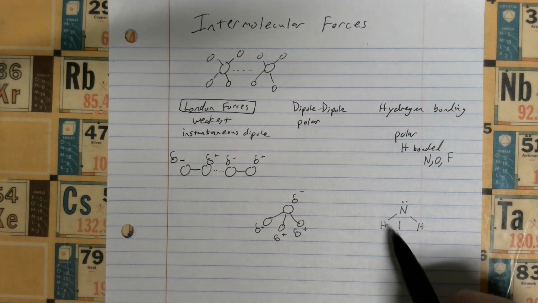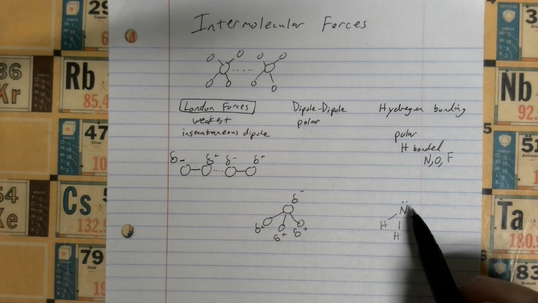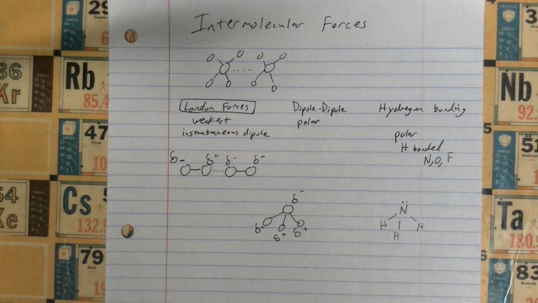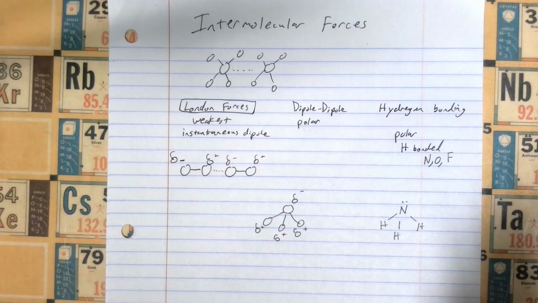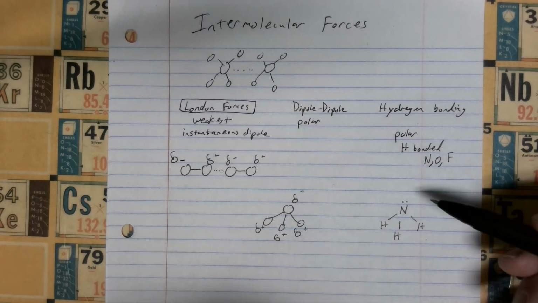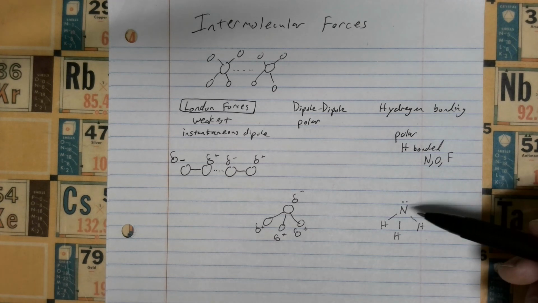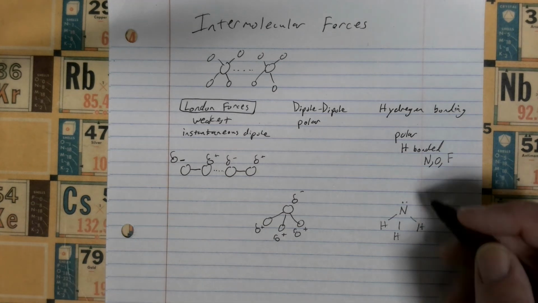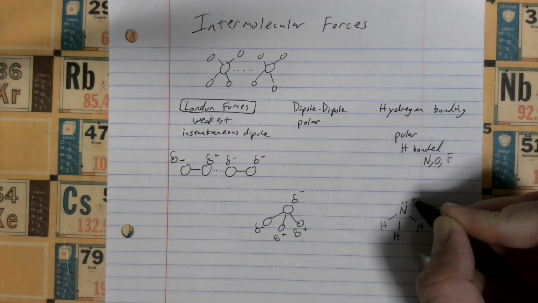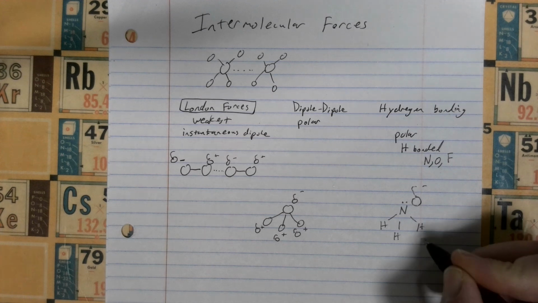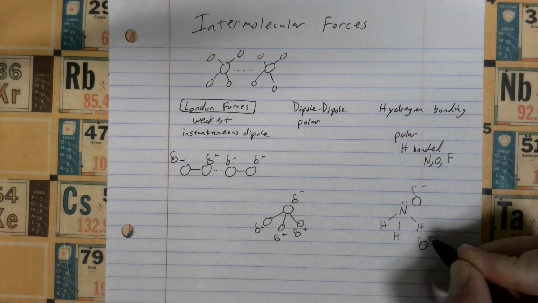Hydrogen has very low electronegativity, and nitrogen is very high. So the electrons being shared in these bonds are almost being pulled away from the hydrogen by nitrogen, and so the dipole moment here is very large. We have a huge negative and a very large positive.